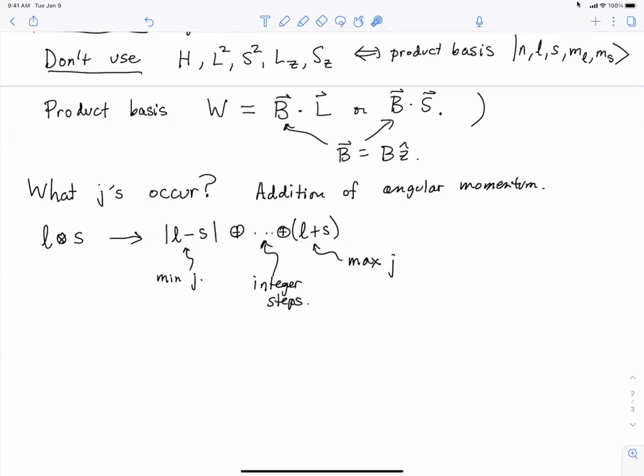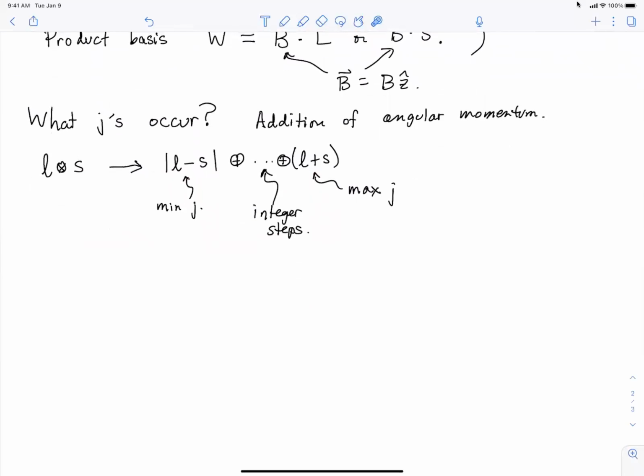And the answer is I get each and every value of J starting from L minus S and going up to L plus S, increasing by one on each step. So it's just a formula that tells you which J's actually occur when you add 2 angular momenta. Okay? Thank you. Sure.